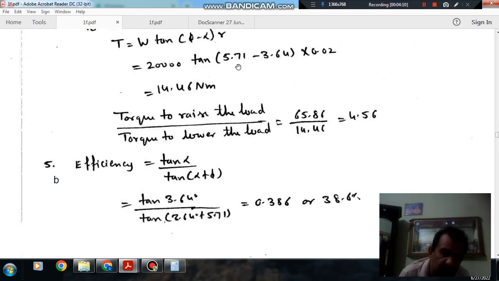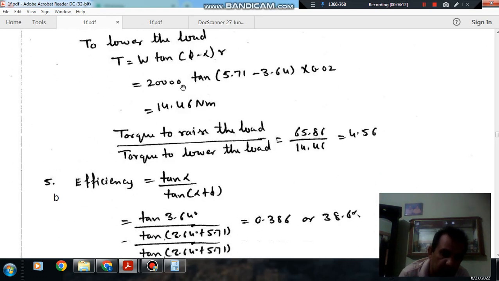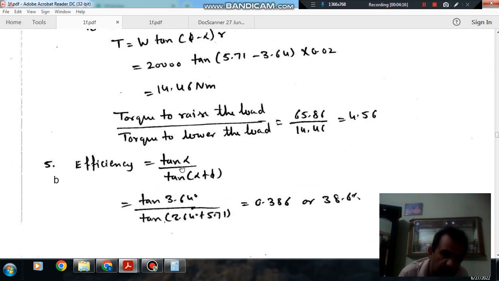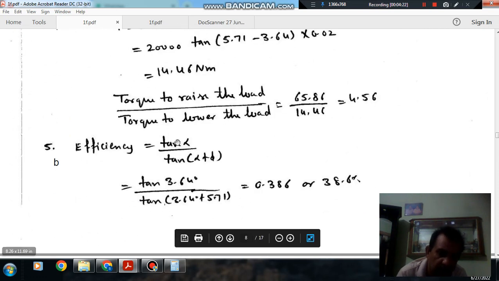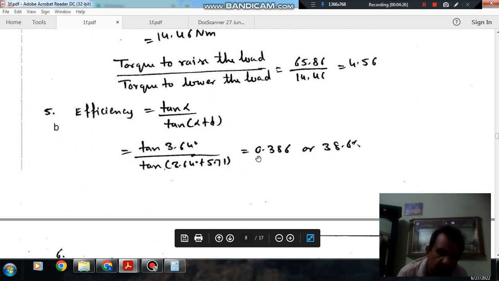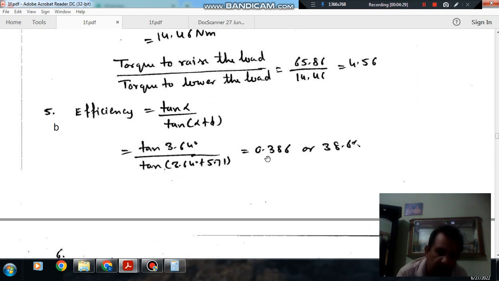So R will cancel out, W will cancel out. The efficiency while moving up will be tangent alpha divided by tangent alpha plus phi. Now putting in the values, we can calculate the efficiency during moving up, that is 38.6%.